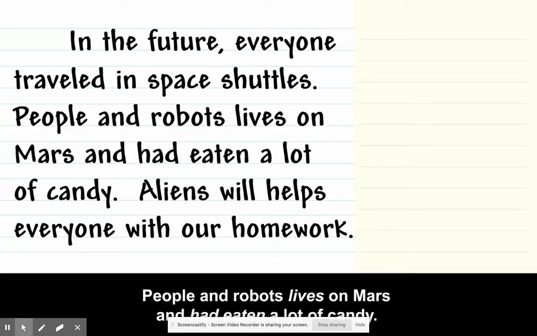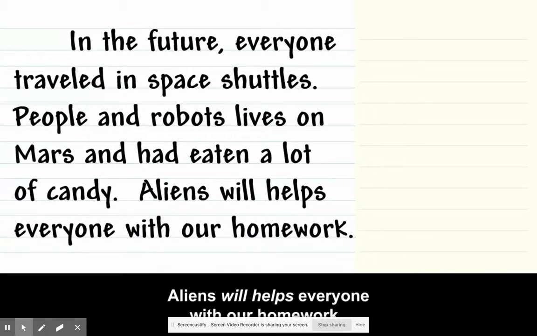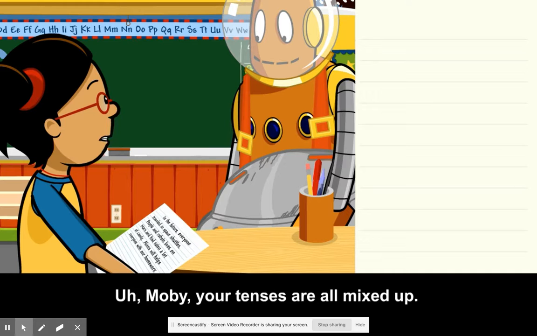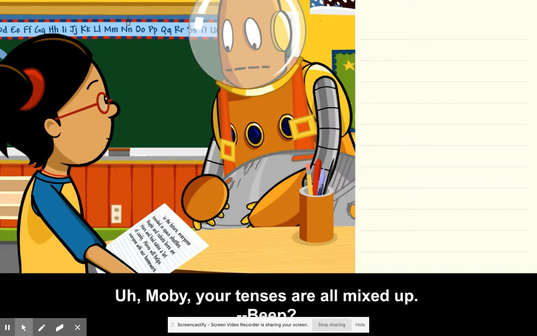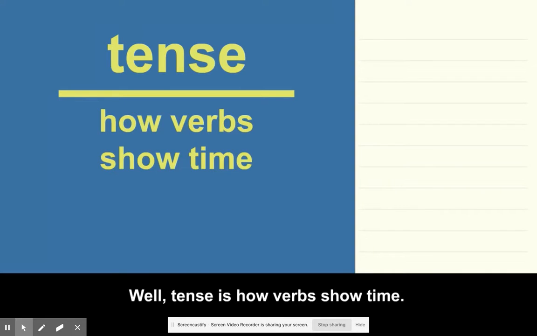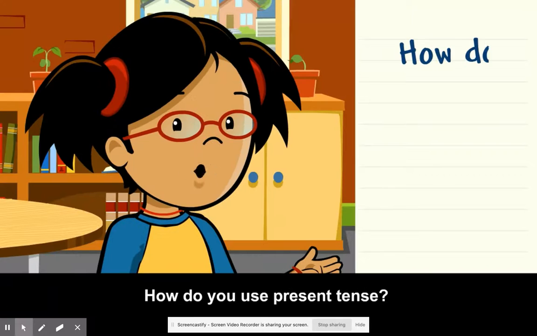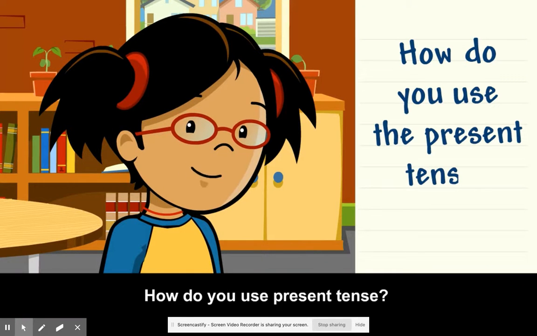People and robots lives on Mars and had eaten a lot of candy. Aliens will helps everyone with our homework. Moby, your tenses are all mixed up. Well, tense is how verbs show time. You know, like past, present, and future tenses? How do you use present tense?